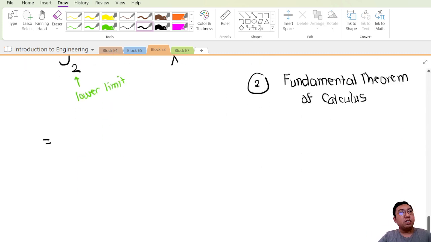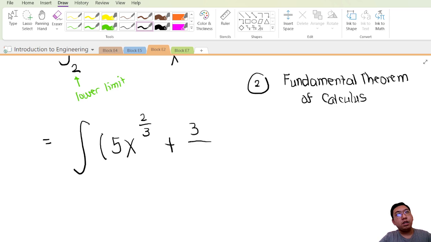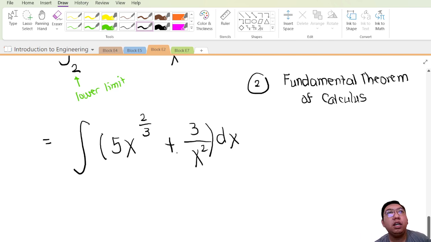Okay, apologies. So we have the integral of 5x to the power of 2/3 plus 3 over x squared dx with respect to x. Now, sir, we have a fraction here that's over x squared. How do we deal with that?